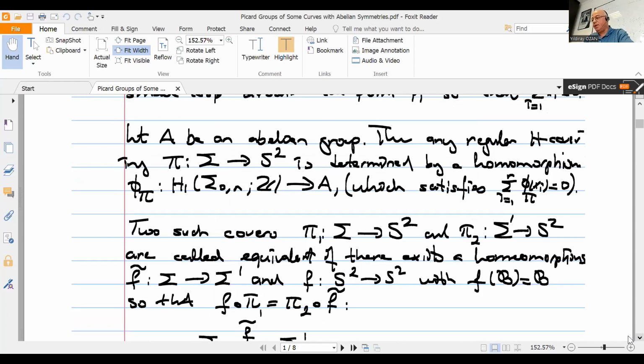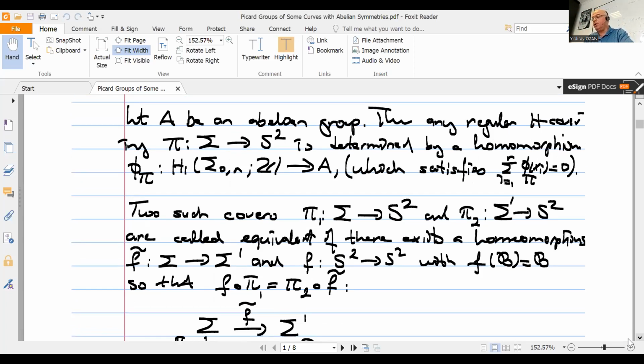So you just pick elements in the abelian group which generate the abelian group so that their sum is 0. And then you send your generators to those elements in A. That will give you a covering space of the two-sphere.